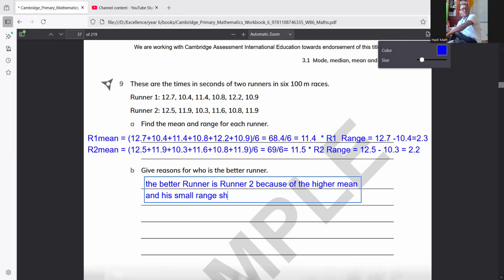His small range shows he is more consistent. His higher mean reflects he is better in overall score, and his small range reflects he is more consistent.